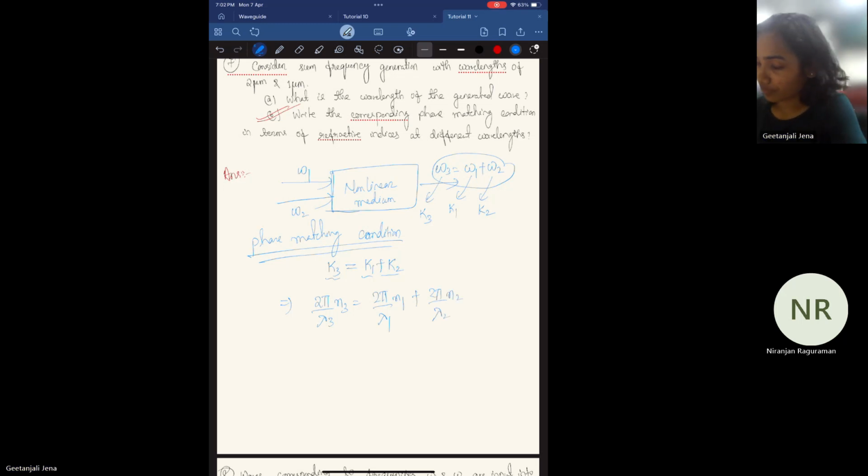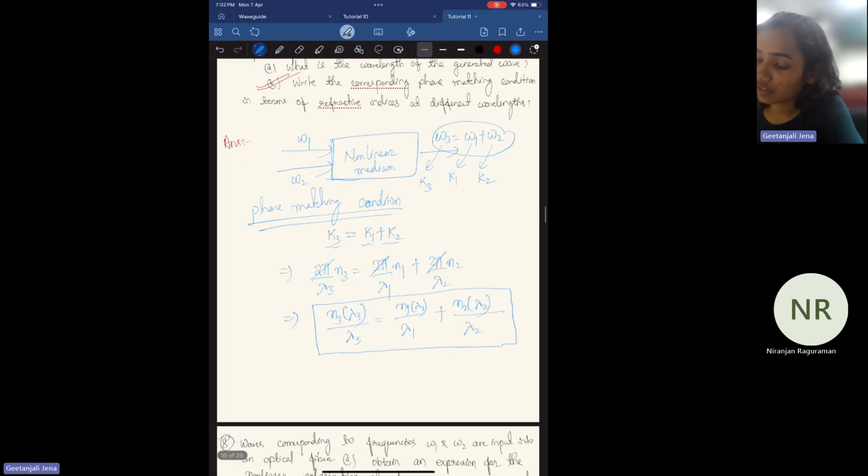The 2 pi cancels, so we have n3 over lambda 3 equal to n1 over lambda 1 plus n2 over lambda 2.